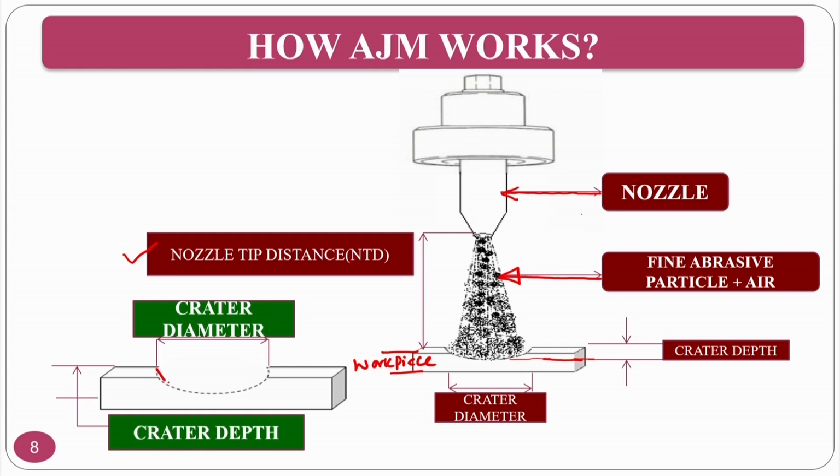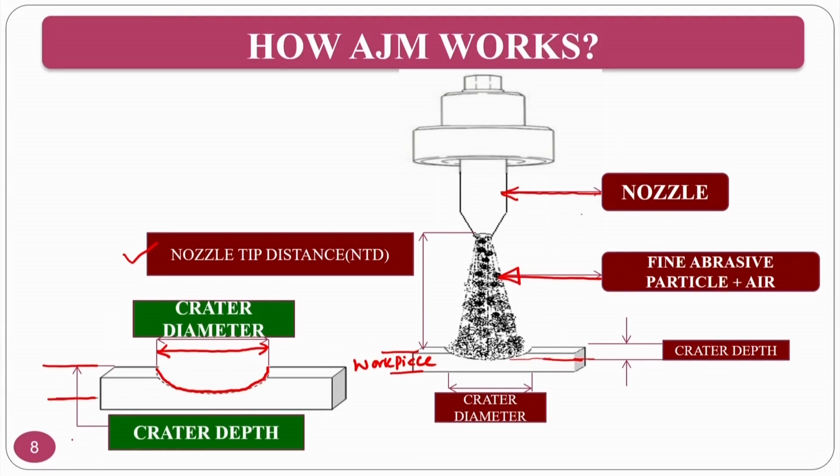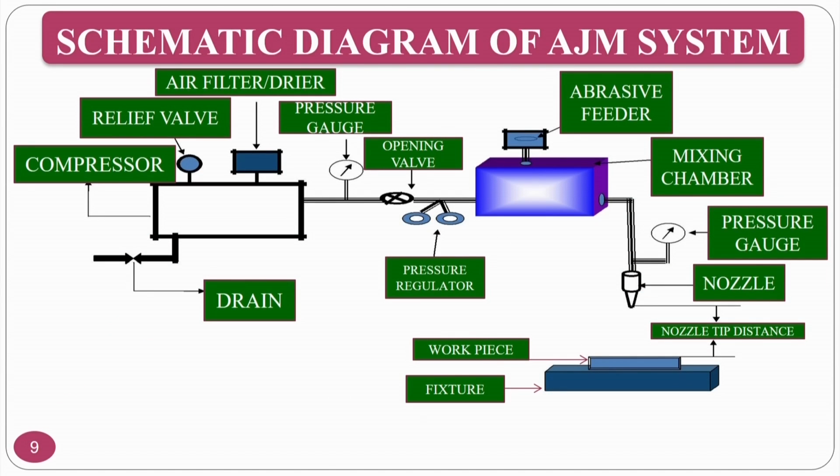If you see, this is my crater. The crater has its own depth, and at the same time you can measure the crater diameter. Depending on your input parameters like air pressure, abrasive particle size, type of abrasive, and type of workpiece material, these all will decide the crater depth as well as the crater diameter. If you see the schematic diagram of the AJM system, previously what you have seen is the machining region where the nozzle is there and the workpiece is in impact.